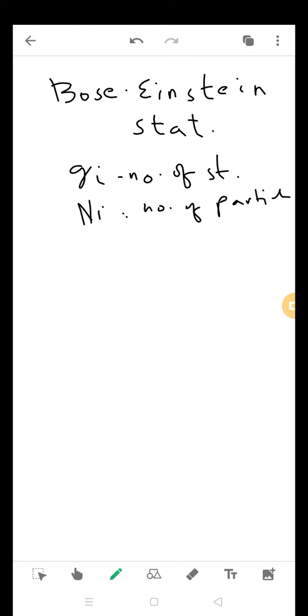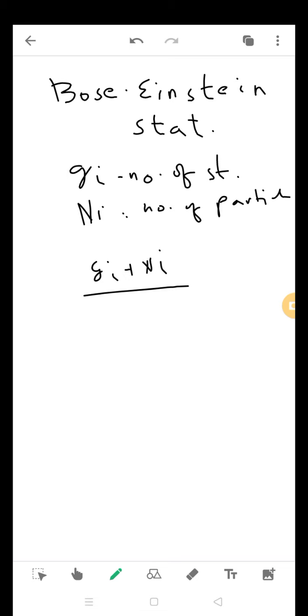So we have Gi plus Ni as the total number of objects.